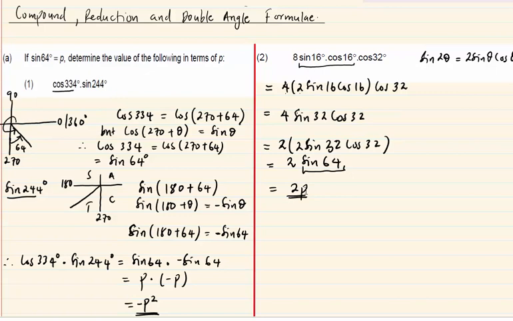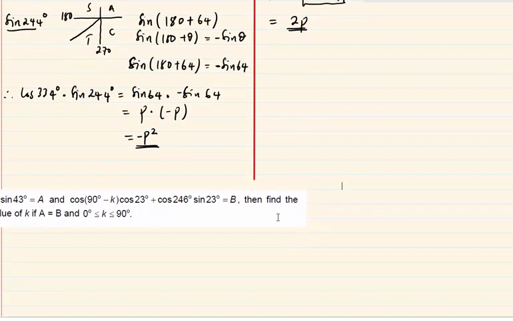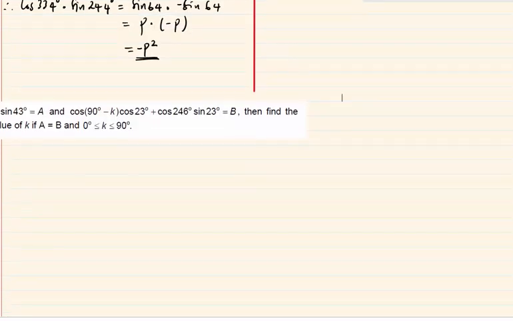The question could sometimes be asked in a slightly different way, as in this next example here, but essentially the examiner is still trying to see if you can apply your compound or double angle formulae to a given problem. So let's have a look at this one here. It says sine 43 is equal to a, and cos of 90 minus k cos 23 plus cosine of 246 sine of 23 is equal to b. Then we need to find the value of k if a is equal to b.